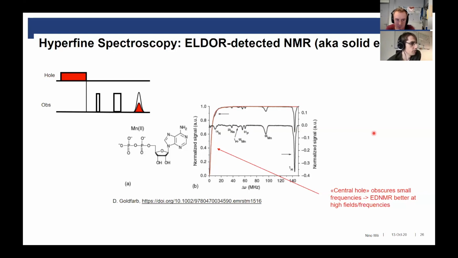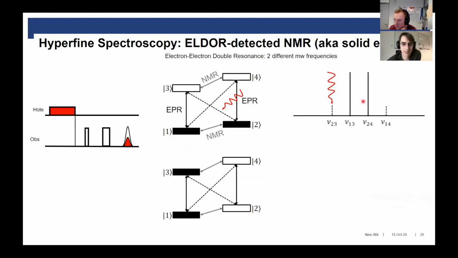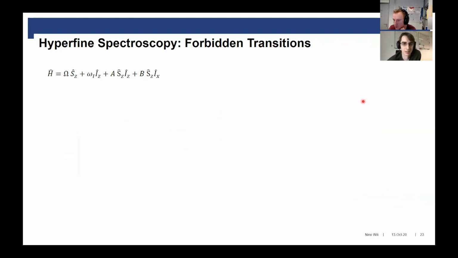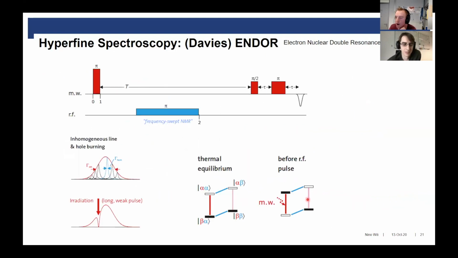Another anonymous attendee asks if you can give a simple explanation of the difference between Mims and Davies ENDOR. Well, you have to generate non-equilibrium populations somehow, so that we can actually use RF pulses. Otherwise, nothing will happen.